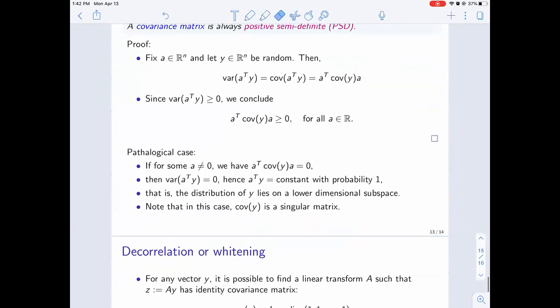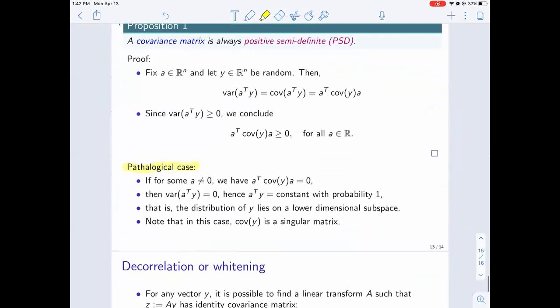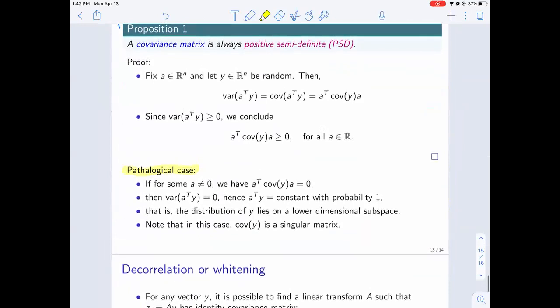So one point that I want to make here, which is not that relevant in this course, but just because you're here and you might need it later, I'm just going to point it out. Covariance matrices are always positive semi-definite.